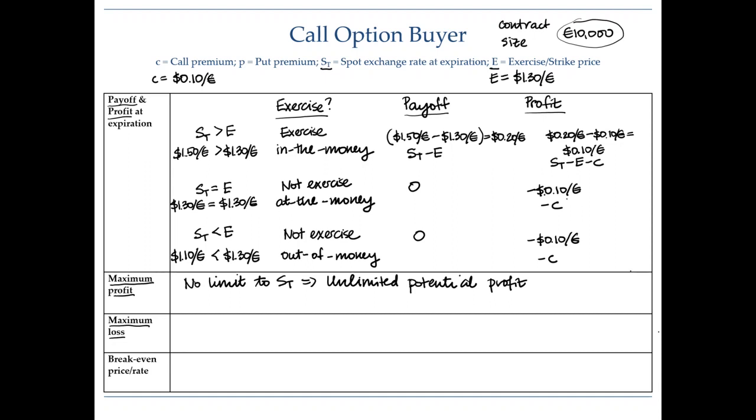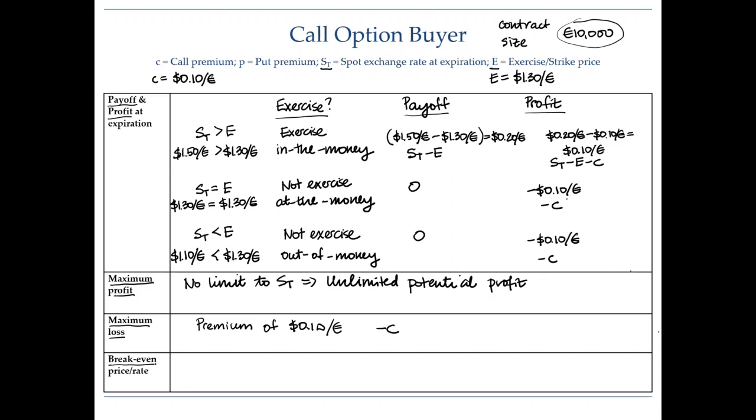All you lose is your premium of 10 cents. So the most you're going to lose is if you just let this option expire and do not exercise, and you lose your premium of 10 cents per euro. So you're really out your premium. So that's the most you're going to lose.